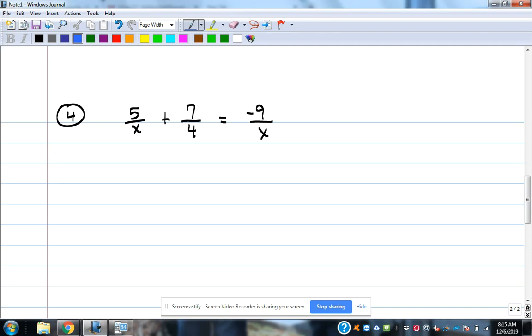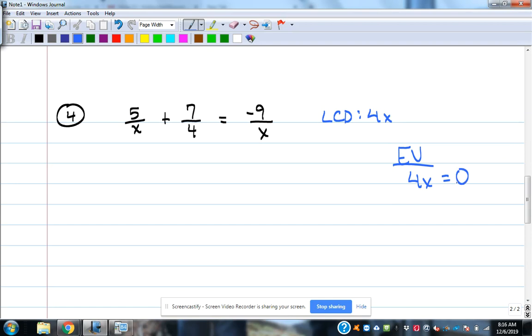We've got an addition of fractions with different denominators on the left side, and it's equal to another fraction on the other side. So in order to work this problem, we're going to have to do addition with fractions. So that means we have to find a what? Common denominator. So the LCD for this one will be what? 4x. And then to find our excluded values, we set the common denominator equal to 0.